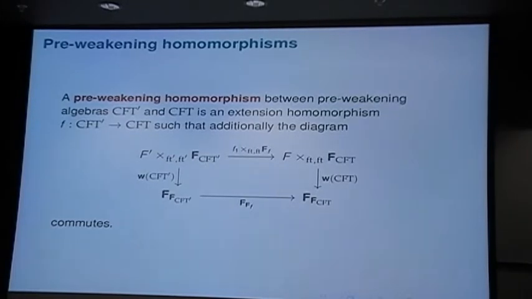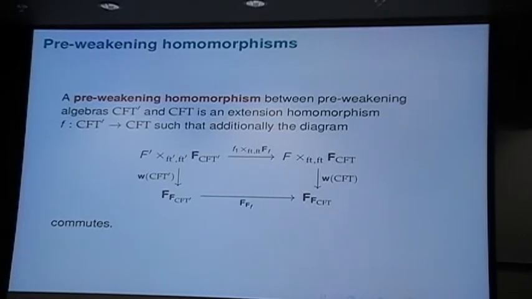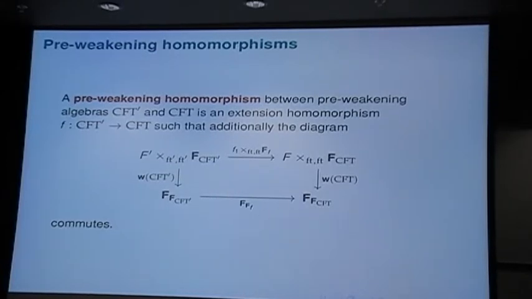We just defined the pre-weakening algebra. A pre-weakening homomorphism is an extension homomorphism which is compatible with this weakening operation, and that's exactly what we want also for the weakening itself in the end. So to express that weakening is compatible with itself.